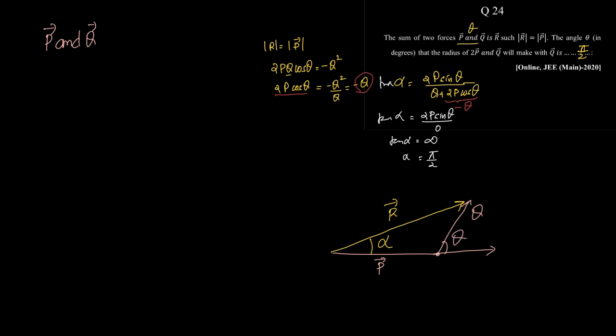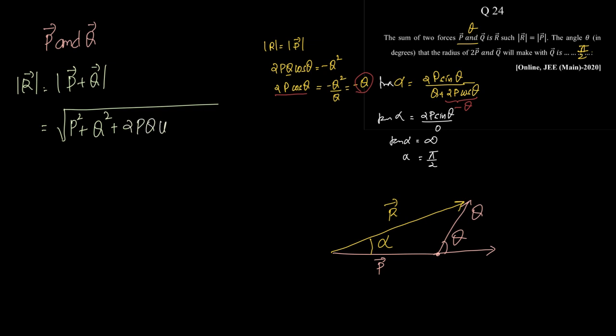In this case, the magnitude of r is equal to the magnitude of vector p plus vector q, which is equal to root of p square plus q square plus 2pq cos theta.